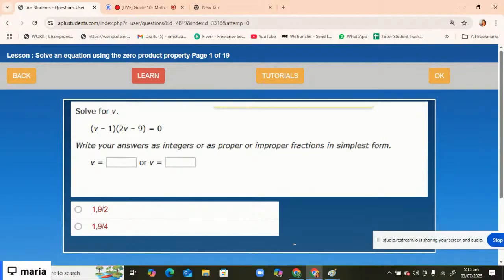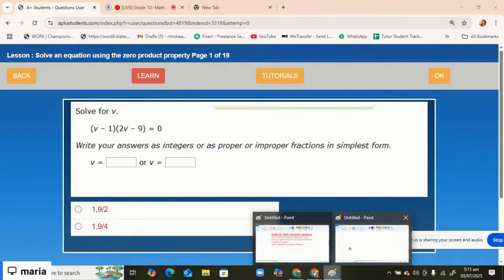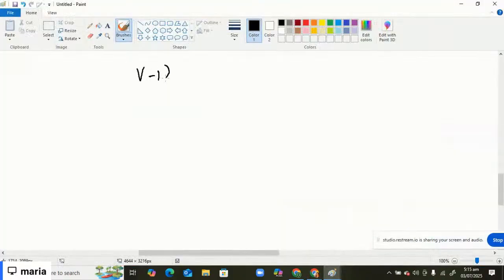So here is (v − 1) and then (2v − 9). So how can we solve it? Both the brackets equals to 0.